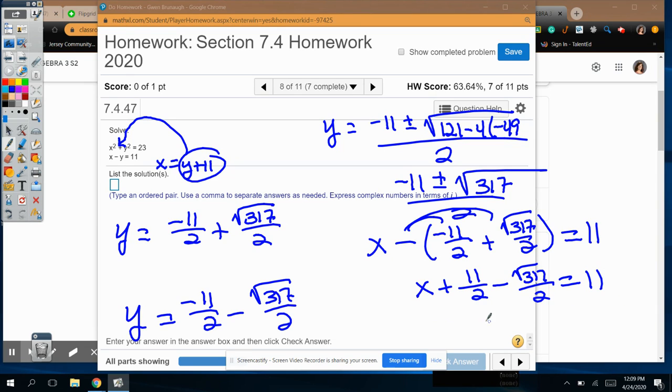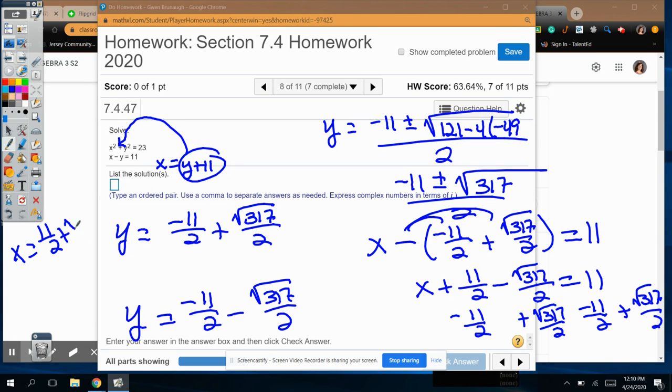And then you would subtract 11 over 2. 11 minus 11 over 2 is 11 over 2. And then you would add square root of 317 over 2. Okay. So x equals for this guy positive 11 over 2 plus the square root of 317 over 2.